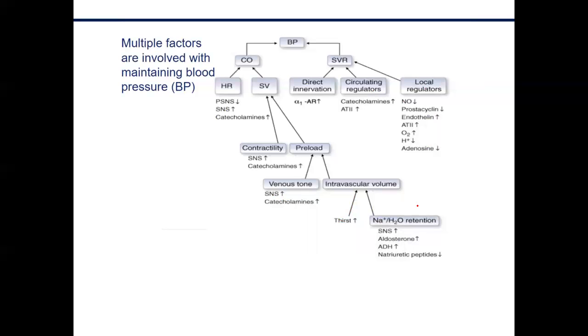Just another slide showing the different factors of maintaining blood pressure. Nothing really different other than showing that intravascular volume is specifically affected by sodium and water retention, which is affected by sympathetic nervous system activation, aldosterone, and antidiuretic hormone.